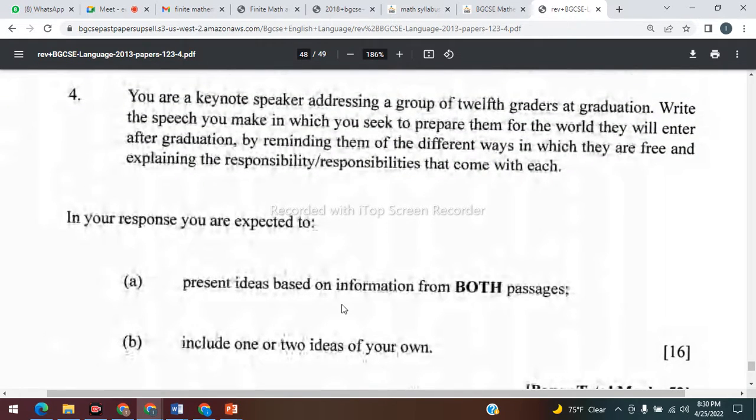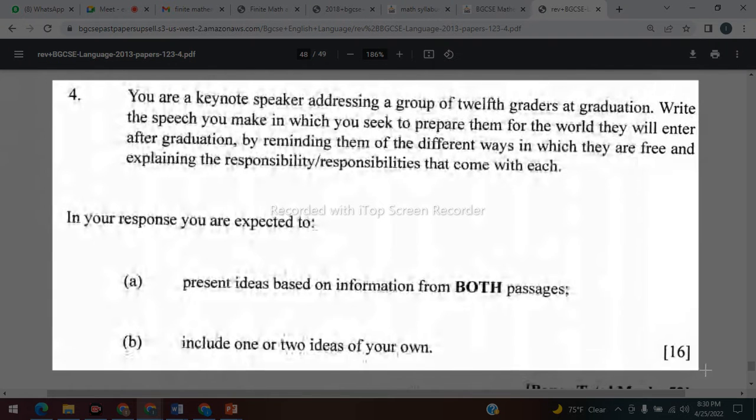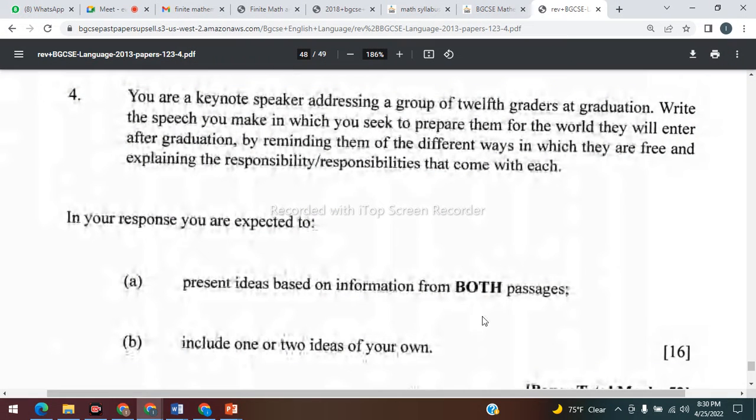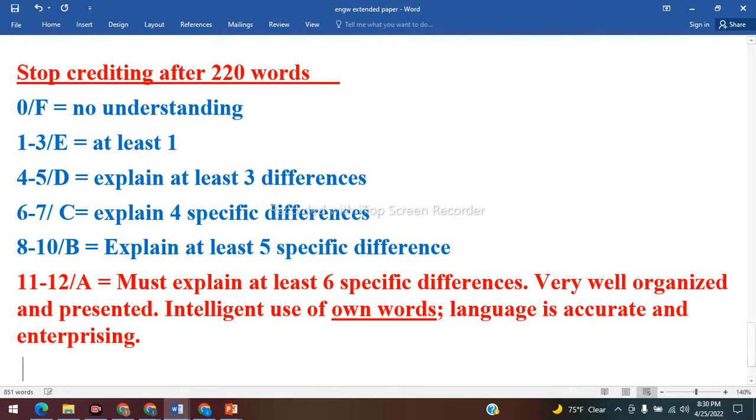So that's basically the challenge here for this one. But it's not really a challenge, it's really a thing, right? Imagine you have an opportunity to speak at a grade 12 graduation.